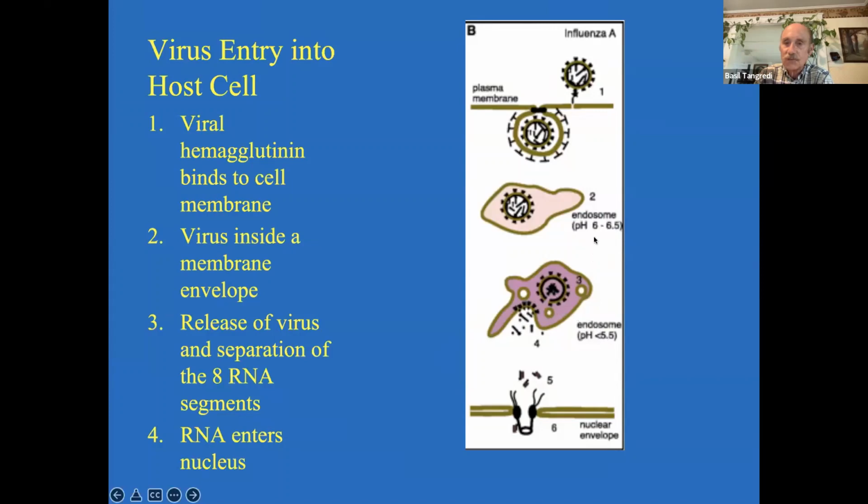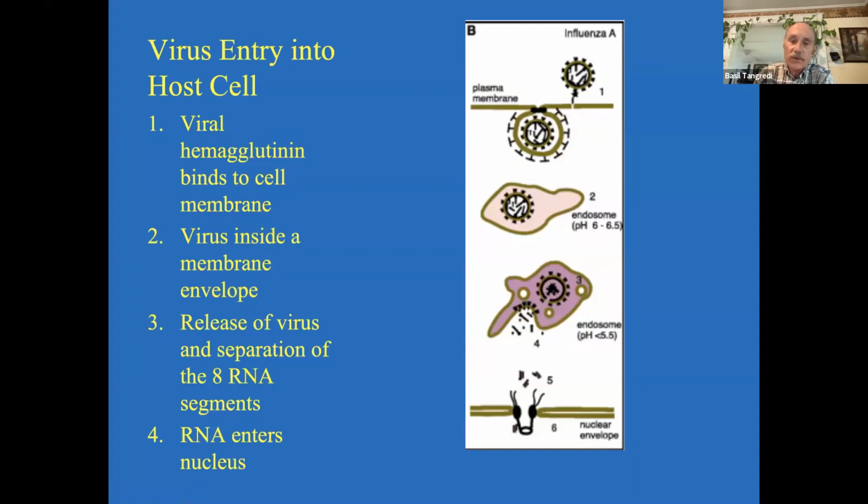Notice the pH change from up here, and the envelope of the virus opens up and releases the 8 RNA segments that are then released into the cytoplasm of the cell right near the nucleus. These will then enter the nucleus.